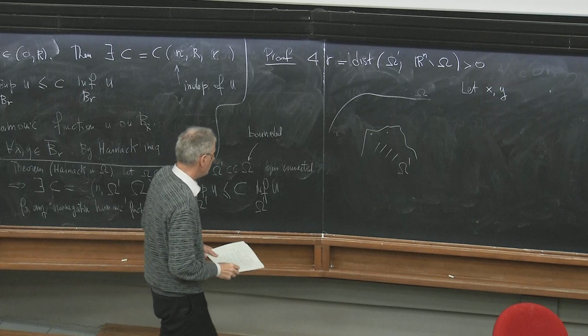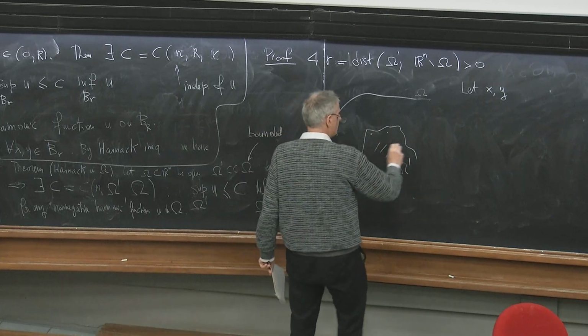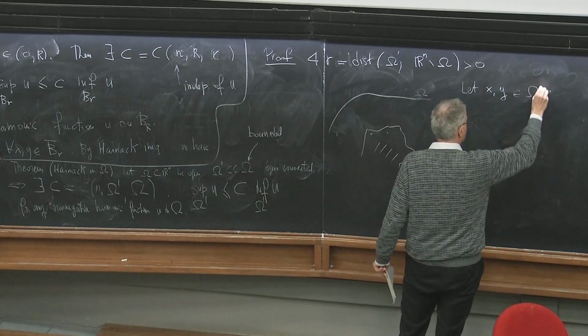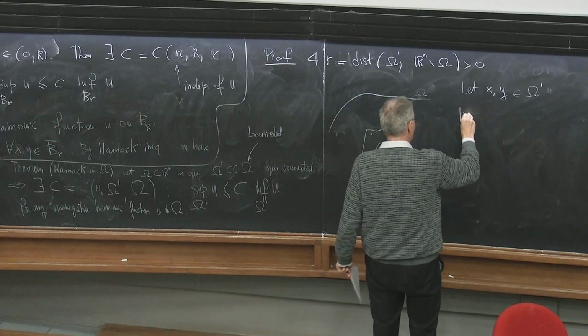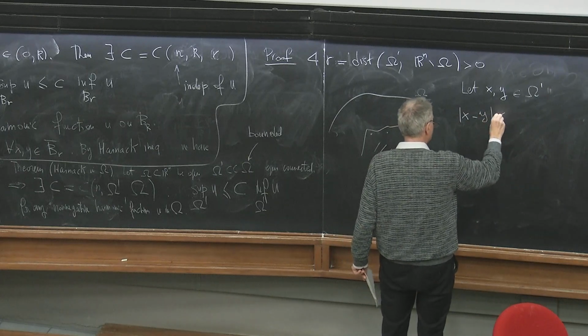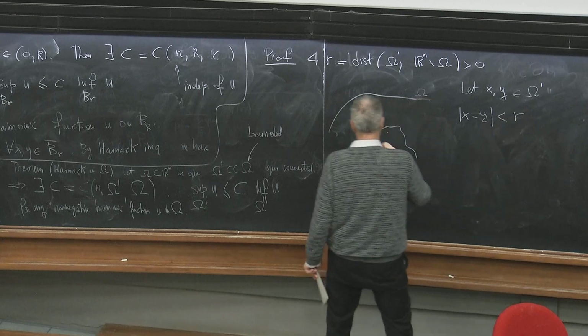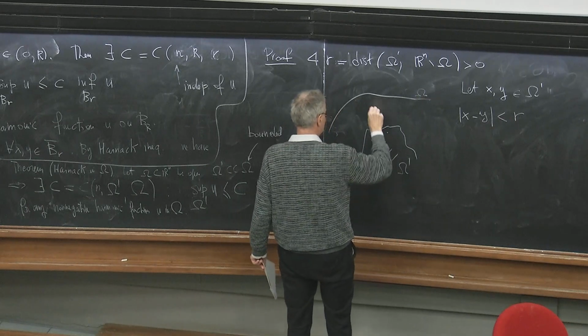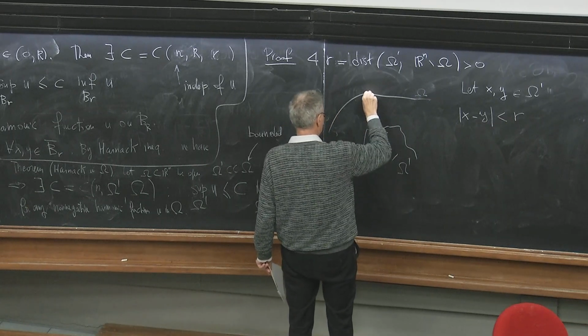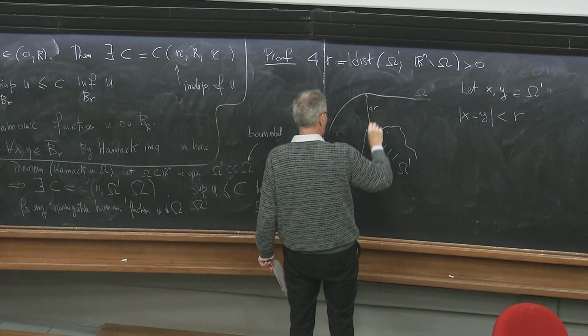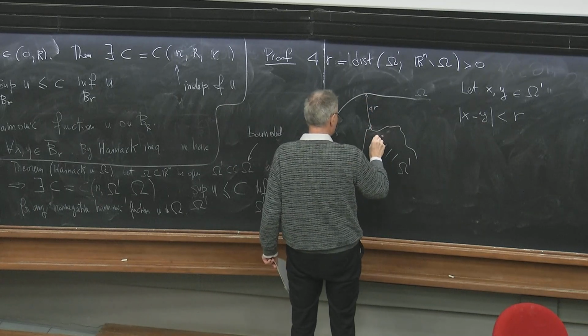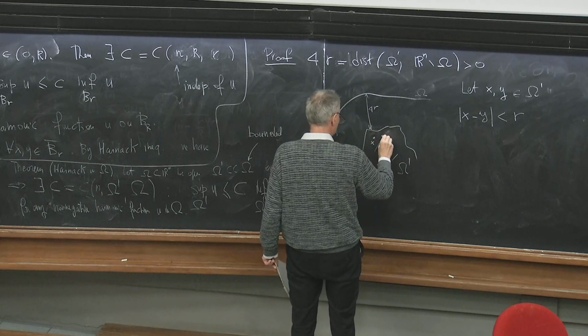Okay, so take two points here, with their distance less than r, say. So this is for r. Then you have two points at distance at most r.